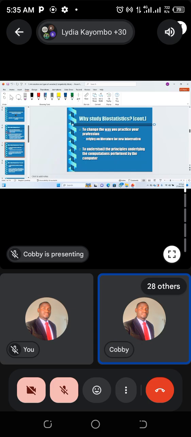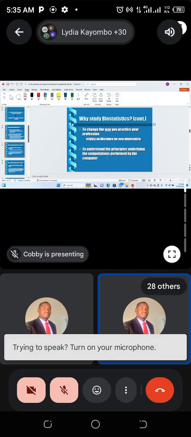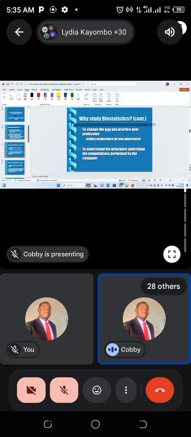So biostatistics also helps you to understand the principles underlying the computation performed by computer. So when you are doing data analysis or when you are doing your research, mostly you are going to use a computer. You are going to need some software like SPSS, where you are going to put your data and do some computation in short.